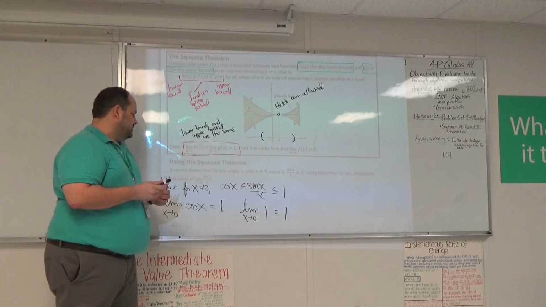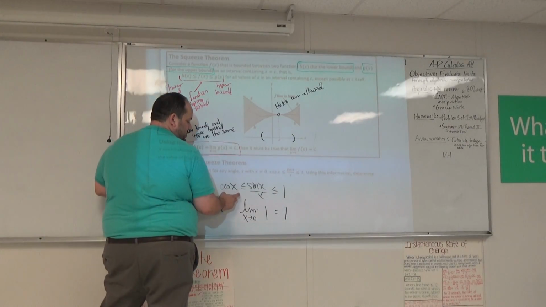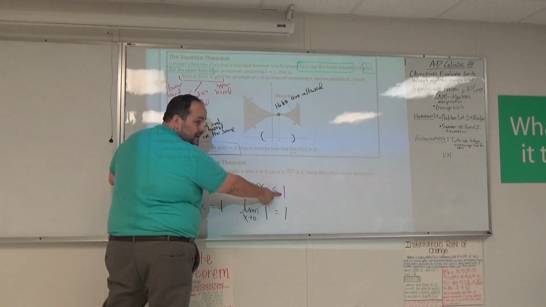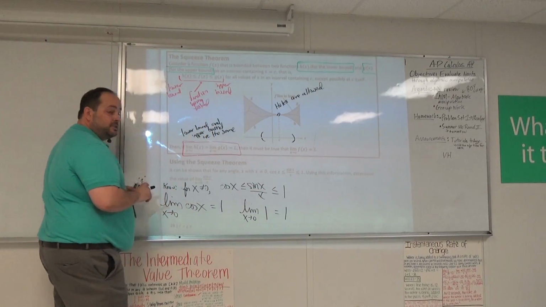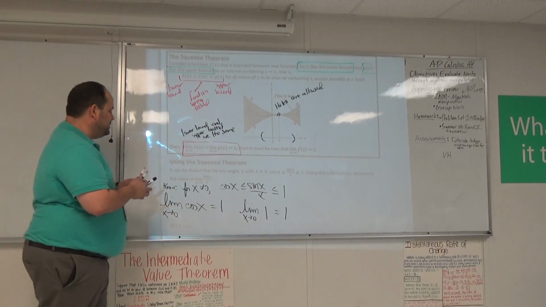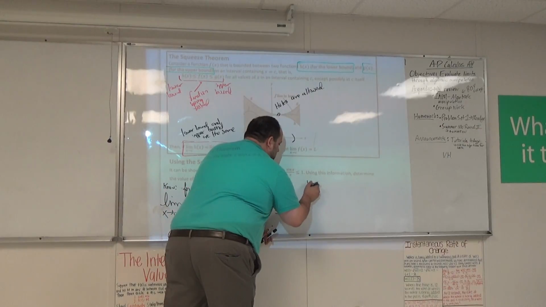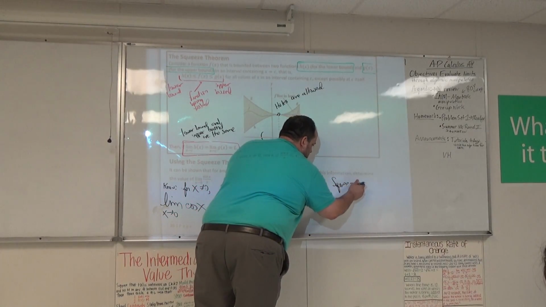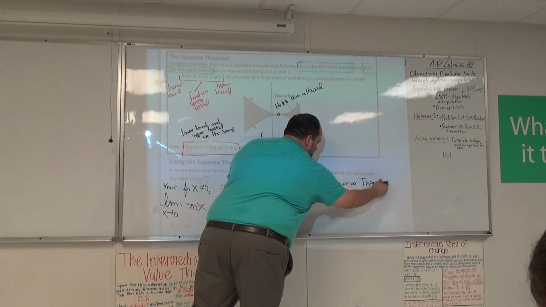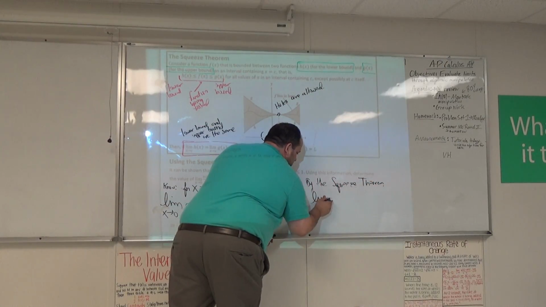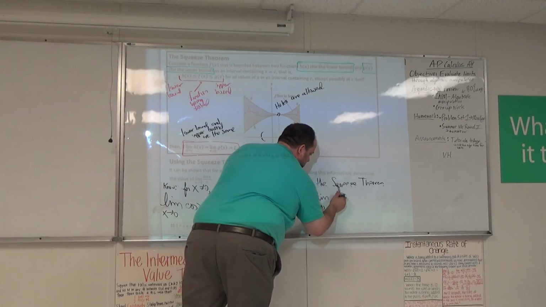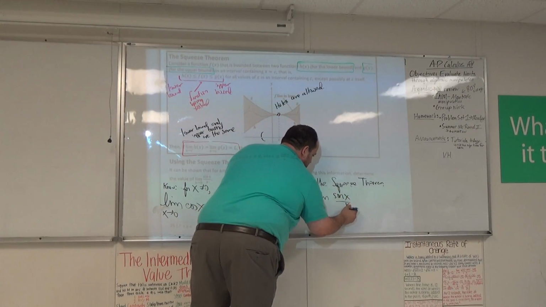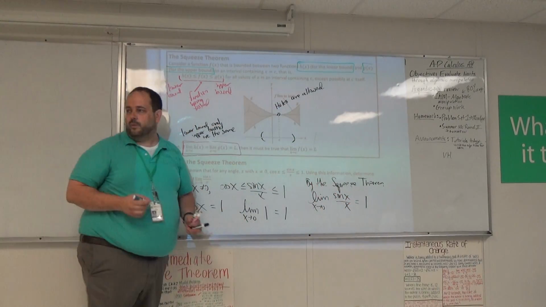The conclusion: because I know that cosine of x is the lower bound and 1 is the upper bound, and sine of x over x is always in between them, what's the conclusion here? By the squeeze theorem, it must be true that the limit as x approaches 0 of sine of x over x is equal to 1.